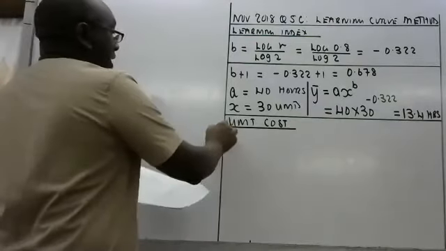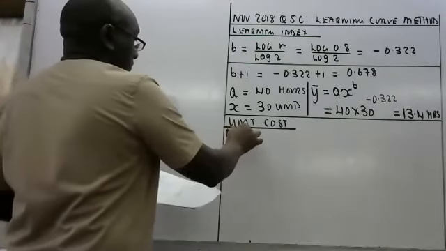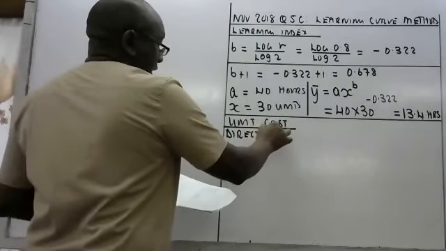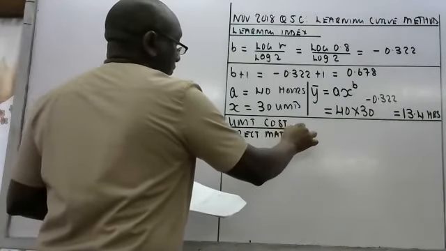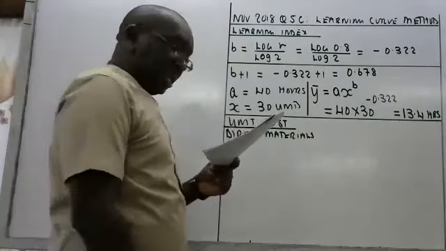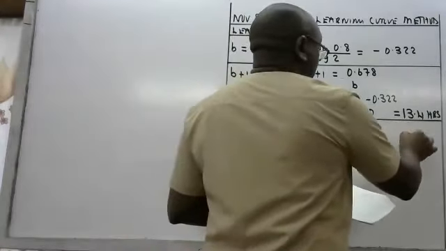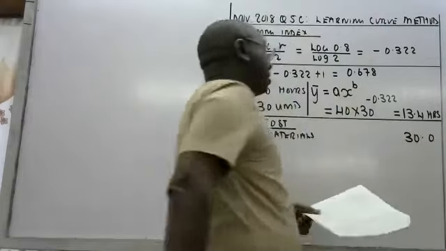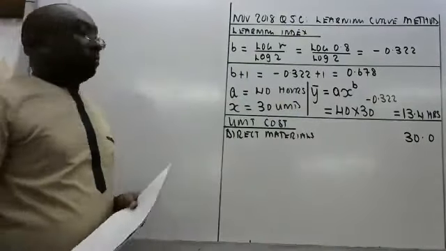So in proceeding, I will need to bring direct materials. Direct materials per unit is that bob, so it is 30.0 in case you have 1 decimal.